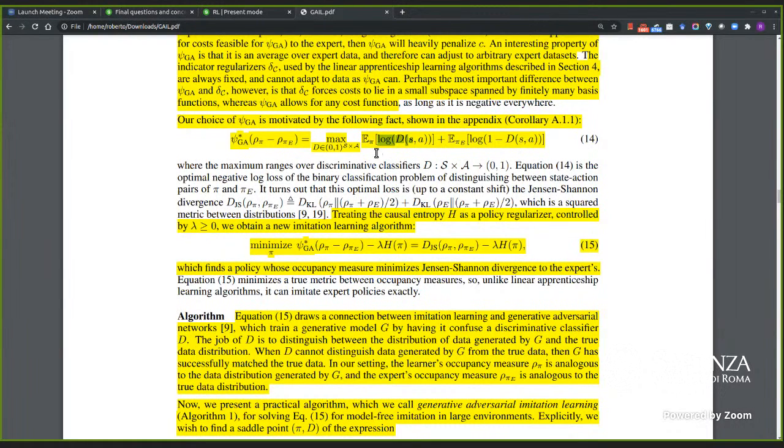So the discriminator is trying to learn a cost function that recognizes the expert data, differentiating the expert data from the ones of the policy. And at the same time, we're trying to learn a policy that minimizes this cost function, so it matches the data of the expert as much as possible so that the discriminator can get confused.